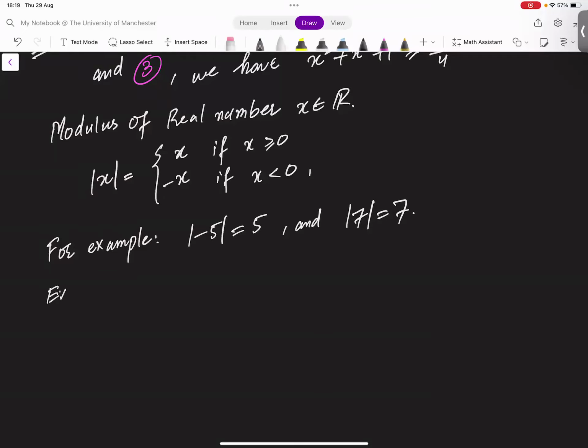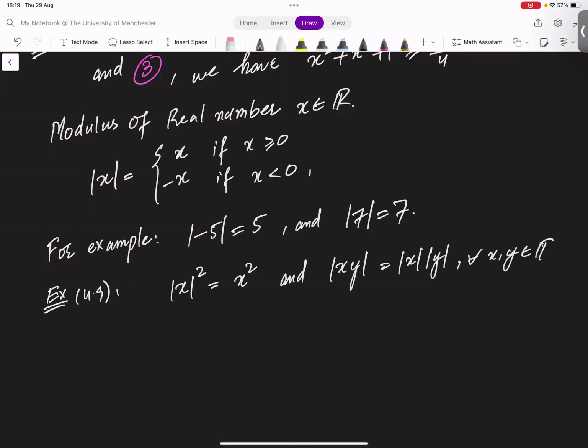Example 4.9: the modulus square is x square, and mod of xy is mod of x times mod of y for all x, y in R.